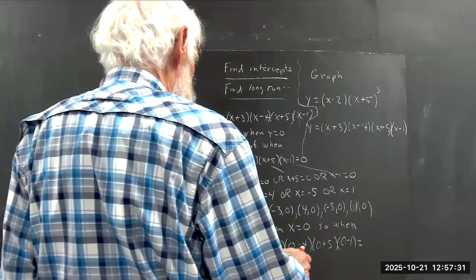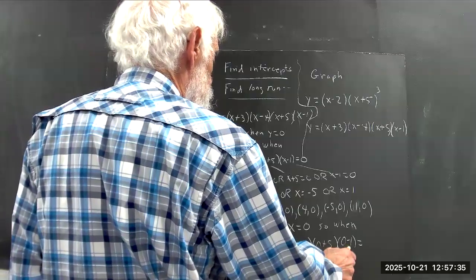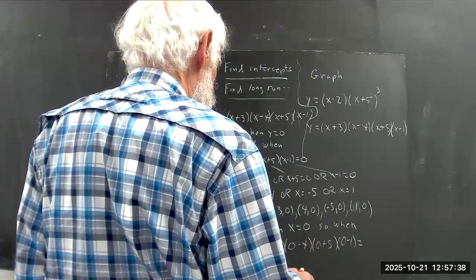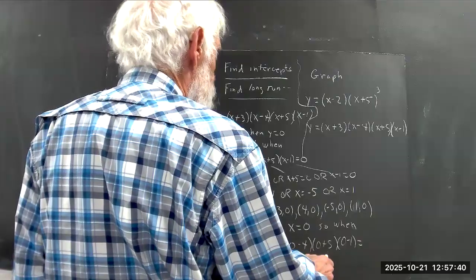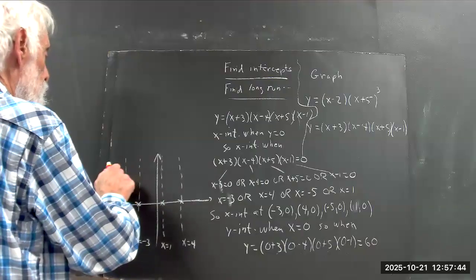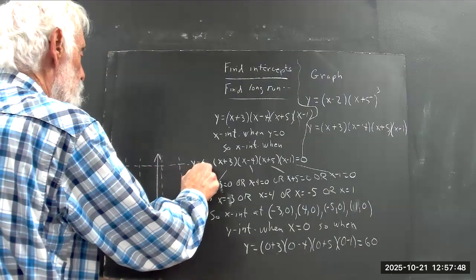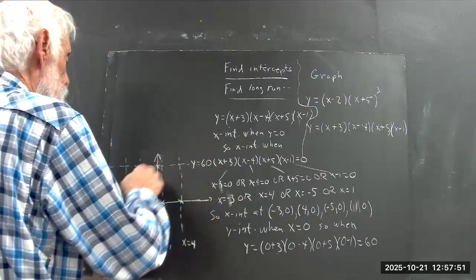Now you do that arithmetic 4 times, there's -12, there's 60, there's -60. No, sorry, there's -12, -60, 60. So we go ahead and decide that we'll put y equals 60 here.